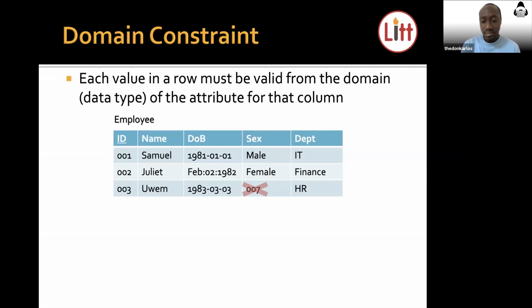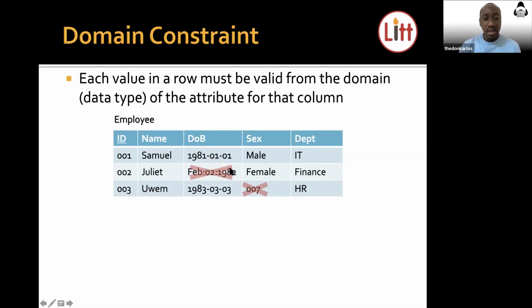It doesn't only apply to data type, it applies to the data format. So this is date of birth. The designers are using a format which we call YYYY, MM, and DD.